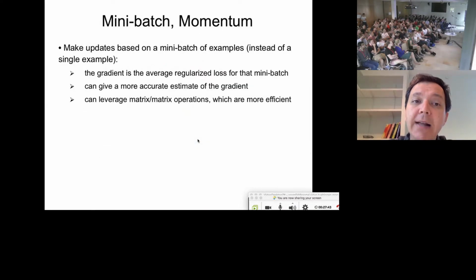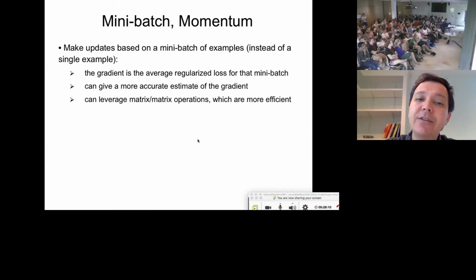The other thing I want to point out is that instead of doing stochastic gradient descent, where you keep updating on every single example one at a time, you're actually going to be making updates based on a mini batch of examples, instead of a single example. A mini batch would typically contain 128 examples, or 100 examples, or 256 examples. And the gradient is the average regularized loss for that mini batch.